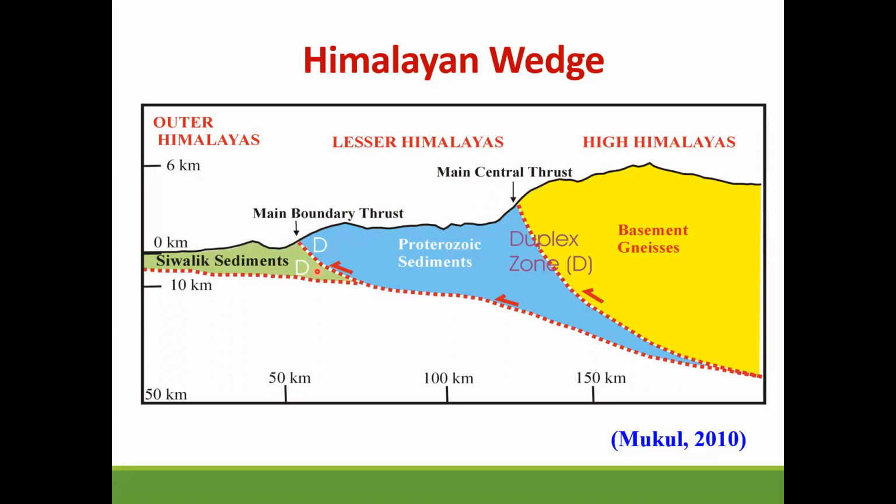In front here, you have the main boundary thrust, and you have the Siwaliks. Notice that the topography is steepest here, and the basal decollement is also steepest here. So there is variation in beta, which is the basal slope, as well as the topographic slope. If you combine the two, there is variation in the wedge taper along the length of the Himalayan wedge.